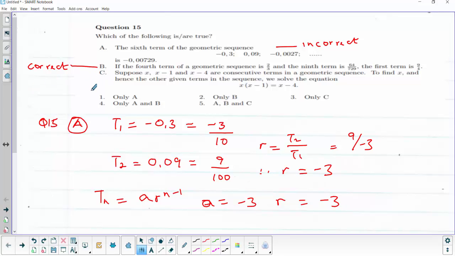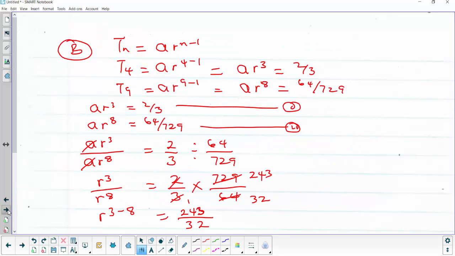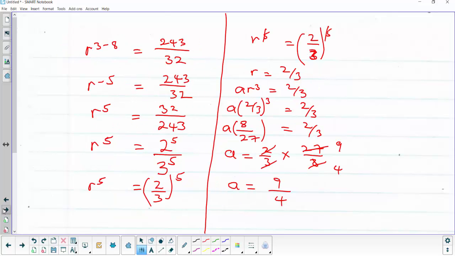So let us go and solve for C now before we conclude on our answer. So our C is given. So let us go to the calculation page. We need to determine C here now. So we are given x, x minus 1 and x minus 4.